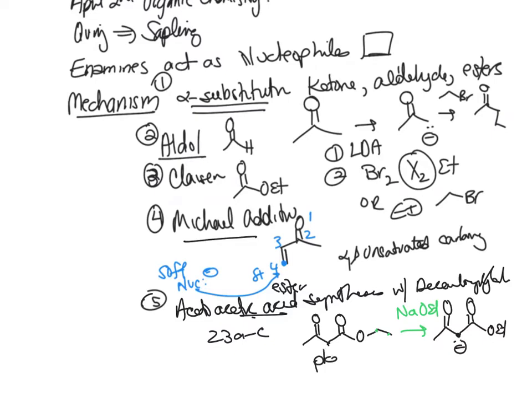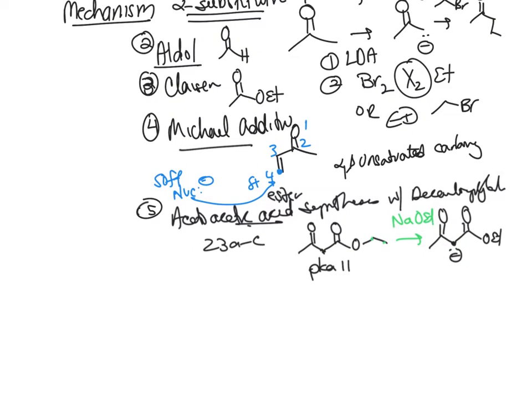The pKa here is, I want to say 11. You can check me on that. And then you can react that with an alkyl halide and you get alkylation there.